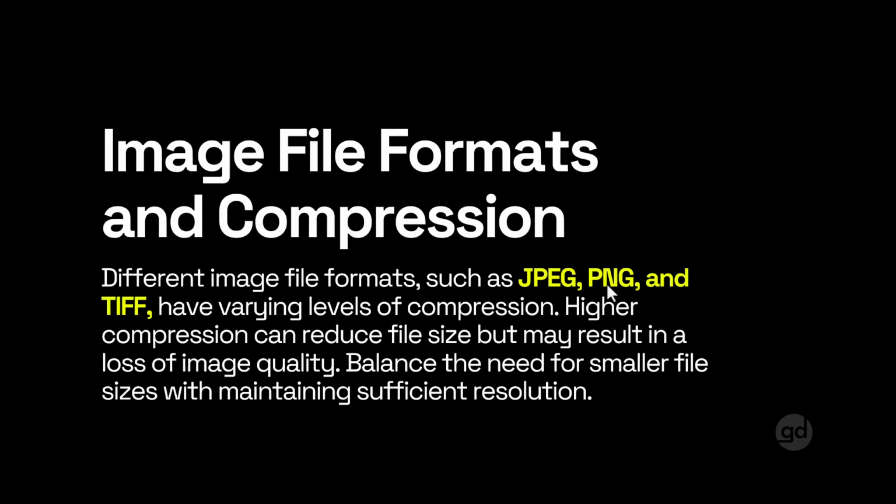Sometimes people save in lossless formats like TIFF. TIFF has a bigger file size than PNG, but JPEG is smaller, and it is mainly optimized for digital display. I don't think some platforms will even accept TIFF.